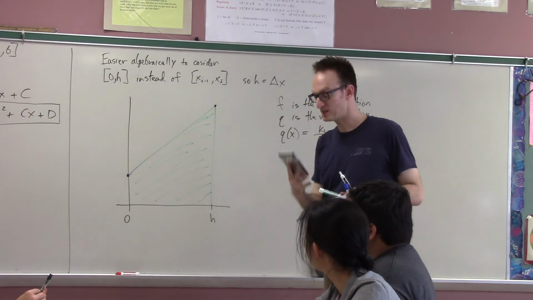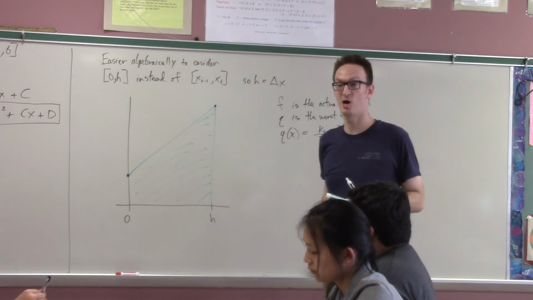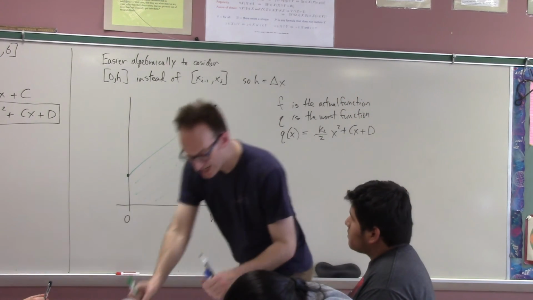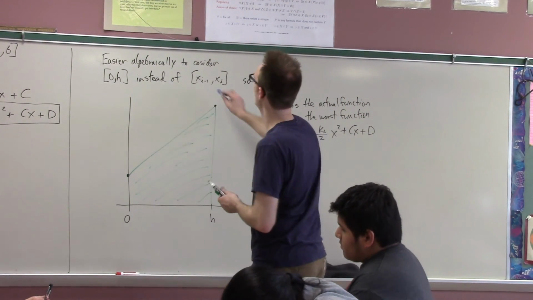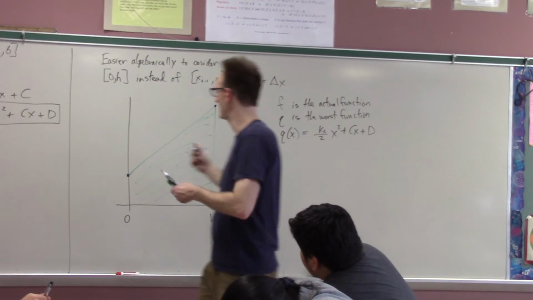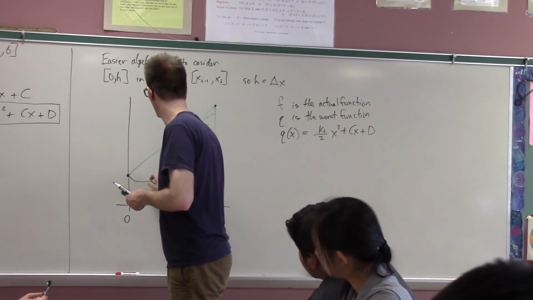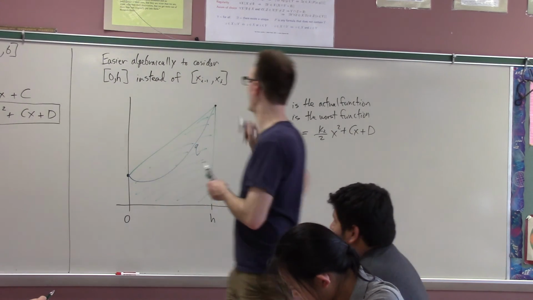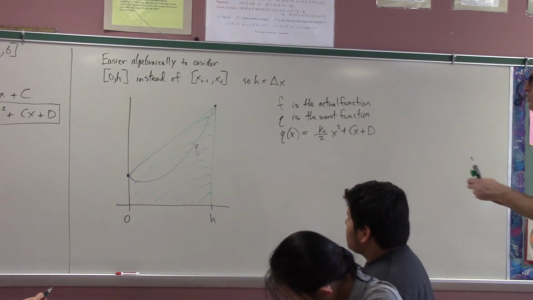But what does the actual function look like on this subinterval? Who knows? Given the assumption that the second derivative is less than or equal to k2, the worst function kind of looks like that. This blue thing is the function that we call q.